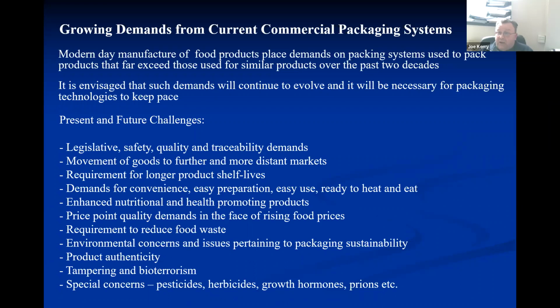And one of the big challenges in terms of the formats and the materials that we use for packaging now is coming from the environmental concerns and issues pertaining to packaging sustainability. And we have very, very fast movement around trying to implement packaging sustainability.